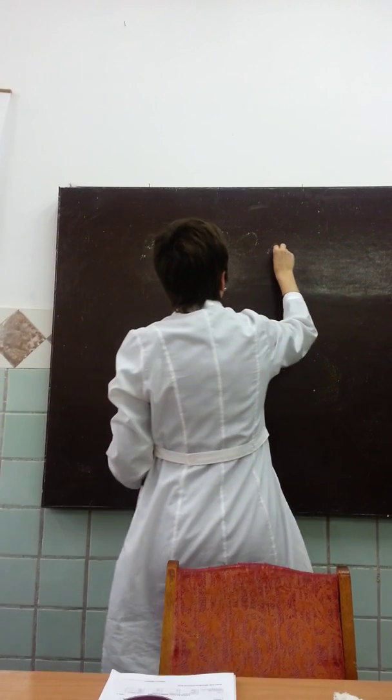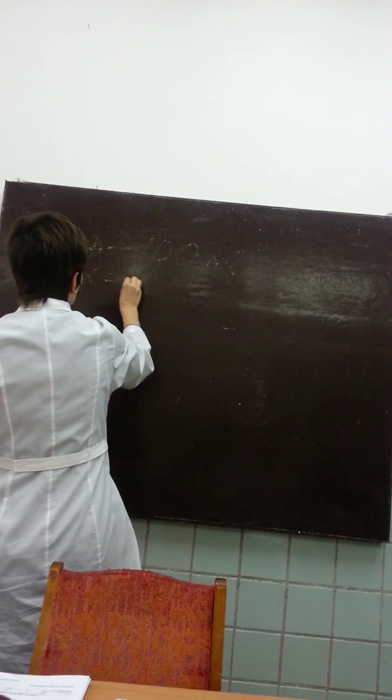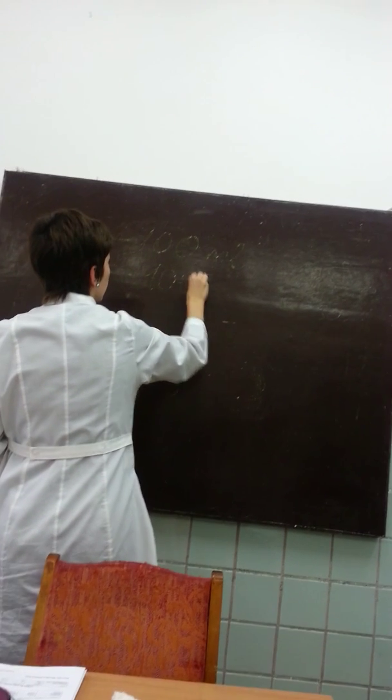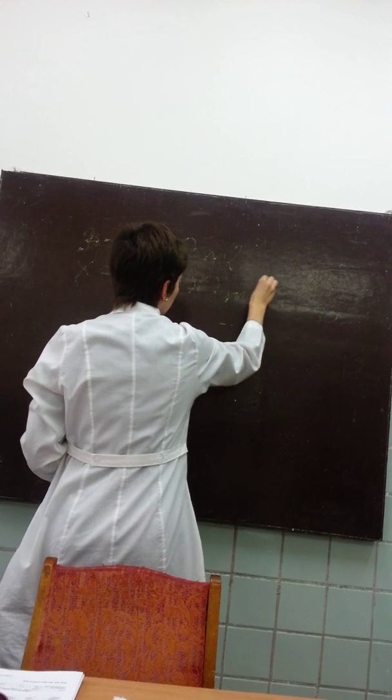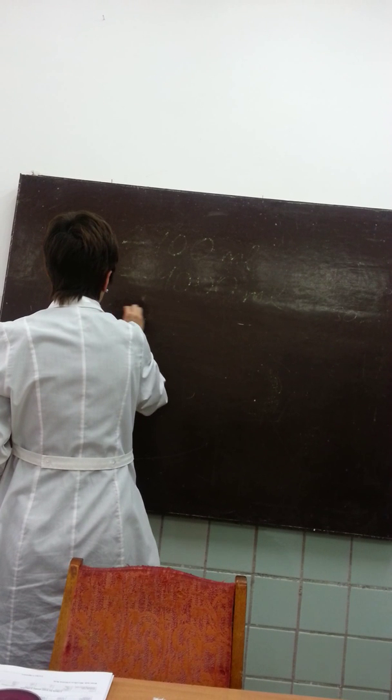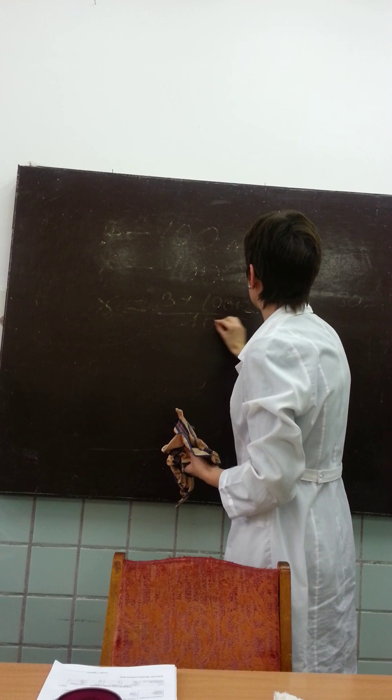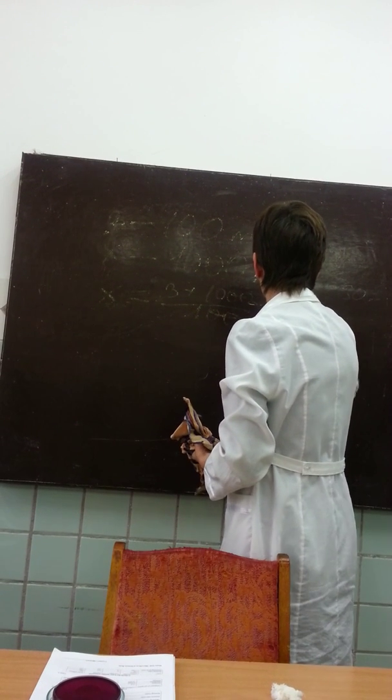We must count the colony index in 1 liter, in other words in 1000 milliliters. 3 times 1000 divided by 100 gives colony index 30. Is it clear?